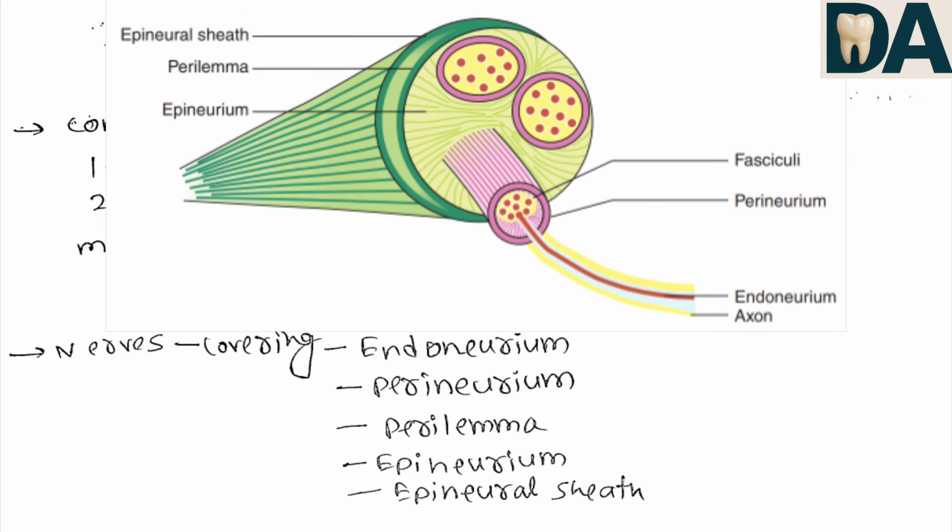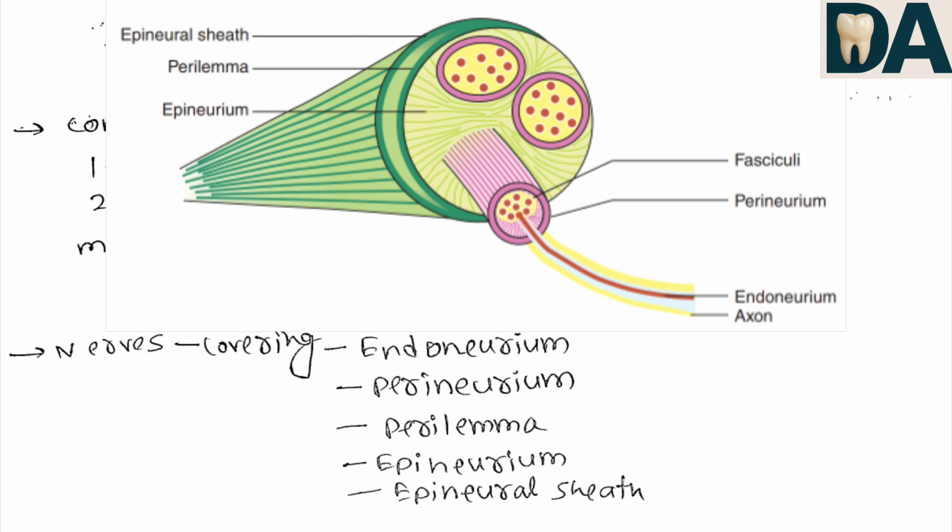Nerves. A nerve is defined as a cord-like structure of the peripheral nervous system composed of bundles of axons which are covered by connective tissue. A bundle of axons is called a fascicle, and a bundle of fascicles constitutes a nerve.